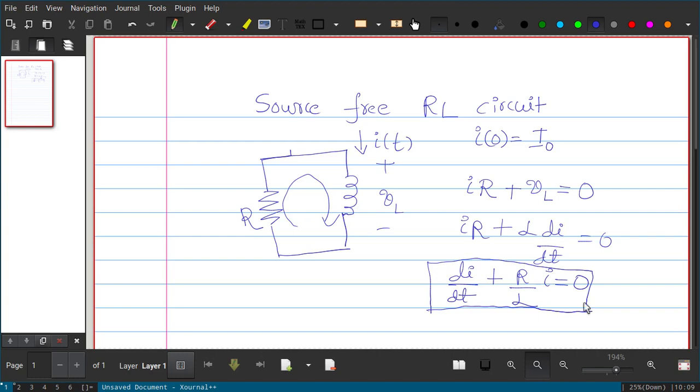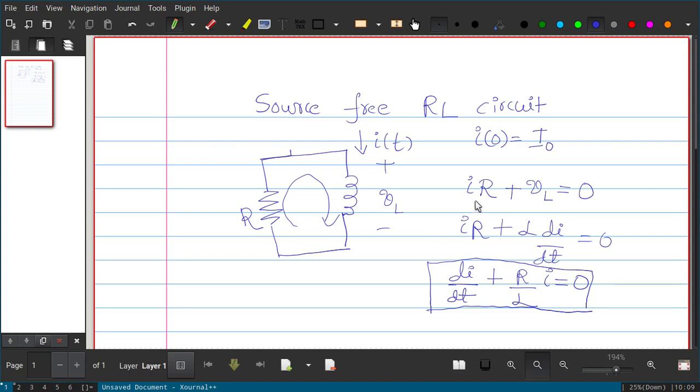The highest order of differentiation is only 1, and it has constant coefficients, so it is a linear differential equation. Now from this equation we would like to find an expression for i(t). In other words, the solution to this linear differential equation is nothing but our analysis of the source free RL circuit. That is how we come to know the response.